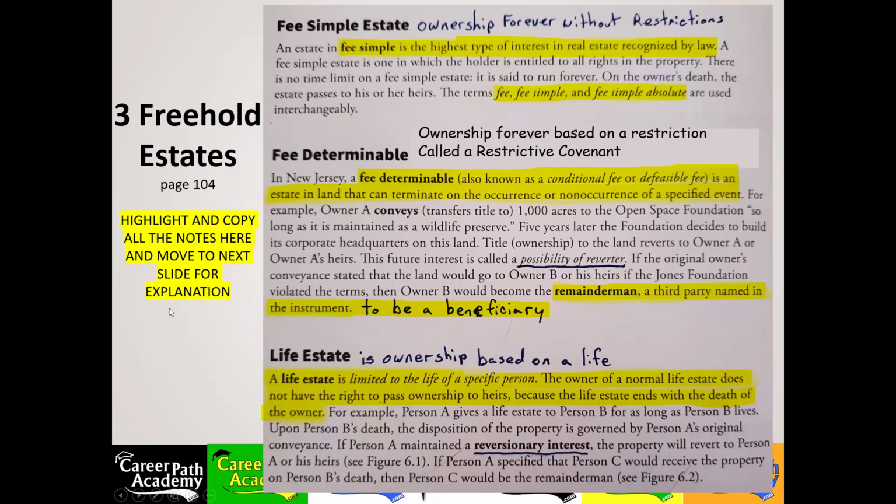So on this slide, just do all the highlights and all the underlines, and then I got other slides where we'll go over everything in detail. Okay, so write these notes here, do all the highlights, underlines, and all that, and let me know when you are done. This is all on page 104.